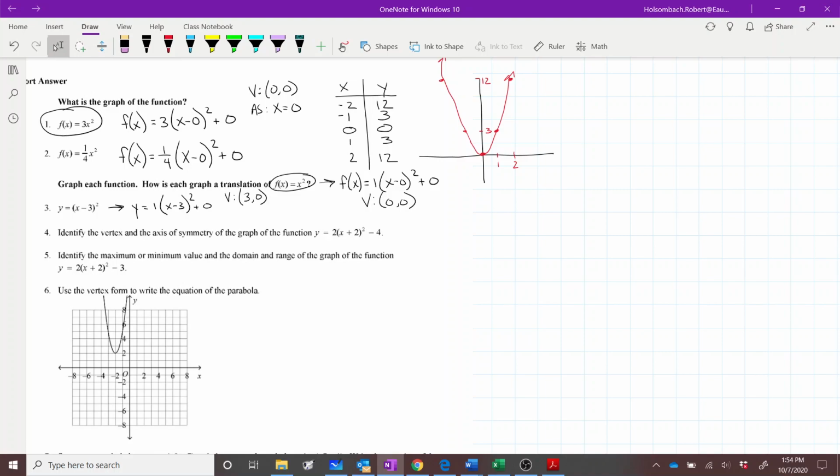So the only difference in the functions, remember your parent function of f of x equals x squared, vertex is at 0, 0. Here's the graph of our function. Well, if we're comparing this to the parent function and we graph this function, our vertex is at 3, 0. So we would have to go over 1, 2, 3 units and put our vertex. Other than that, everything else is going to be the same.